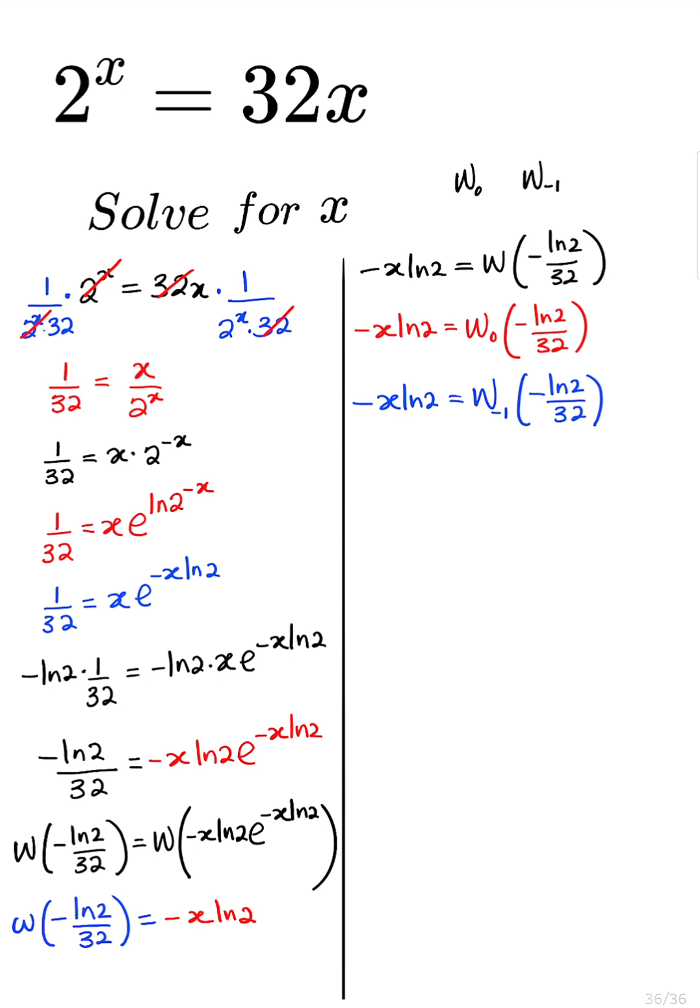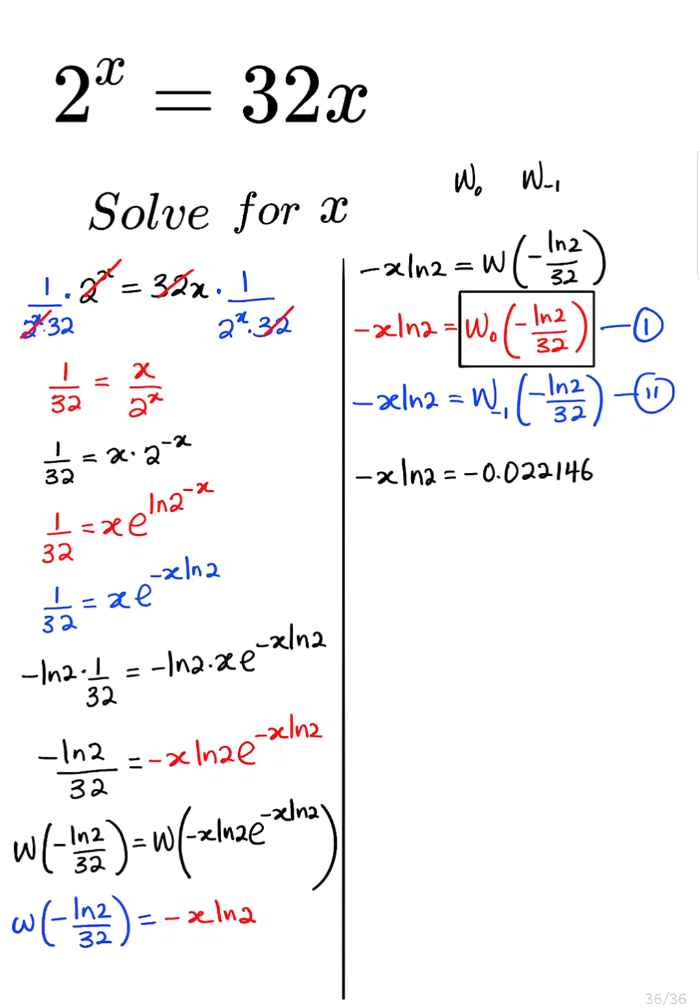According to the Lambert W function calculator, for the first one, the whole value here is negative x ln 2 equals negative 0.0222146.